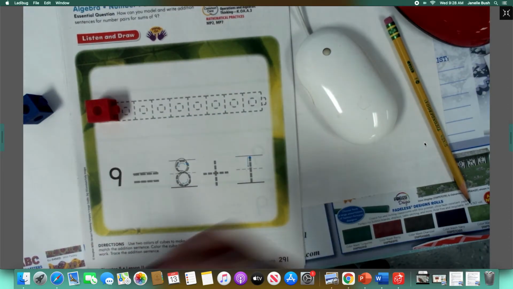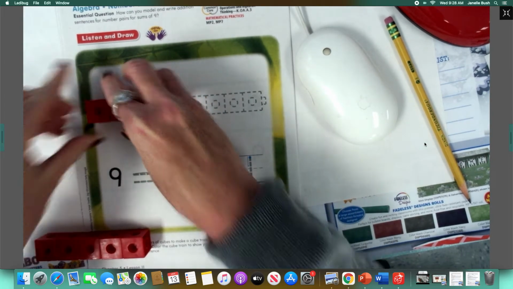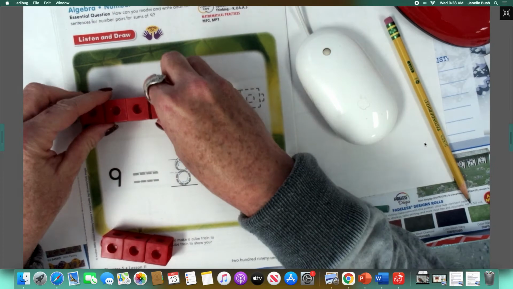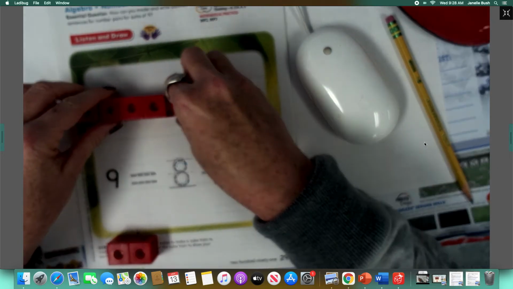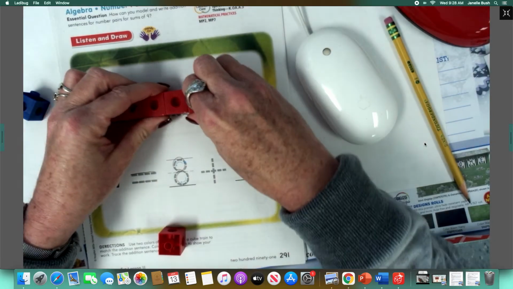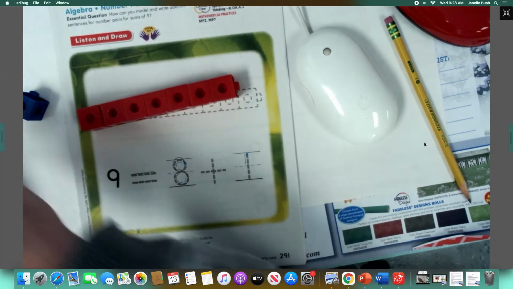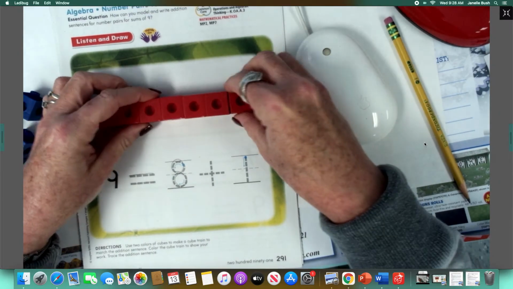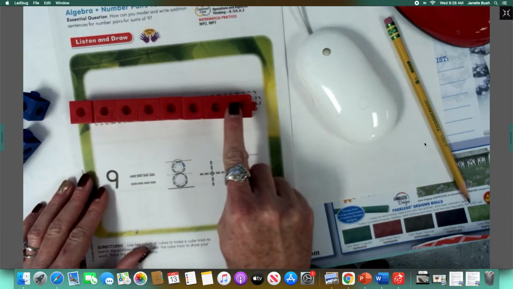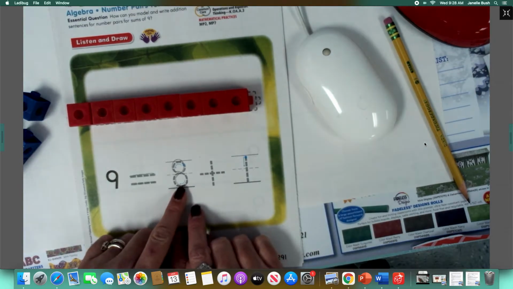So there's 1, 2, count with me, 3, 4, 5, 6, 7, and 8. 1, 2, 3, 4, 5, 6, 7, 8. So we have 8 red cubes.